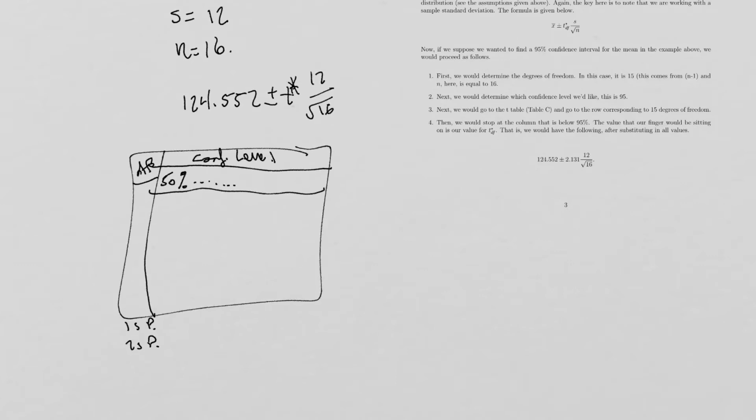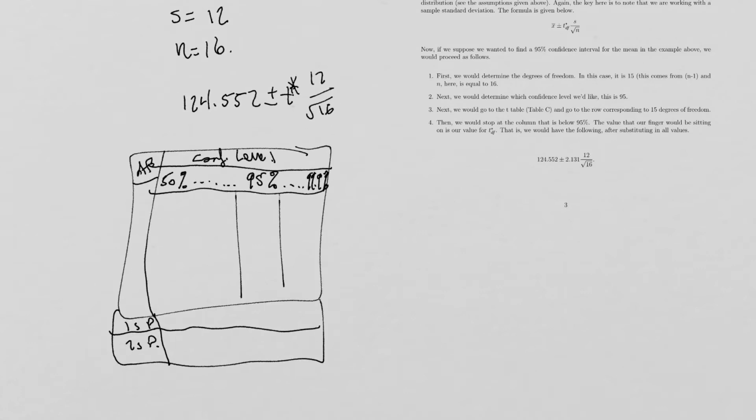We're doing a 95%, so I'll just put the 95% interval there. And then it goes all the way up to 99.9%. I'll just make that little representation right there.